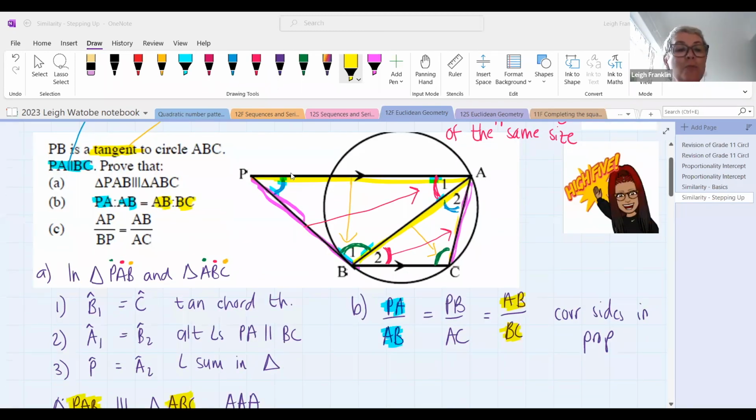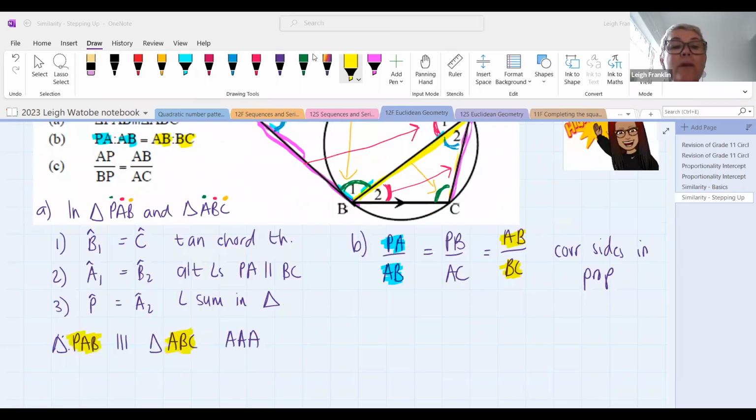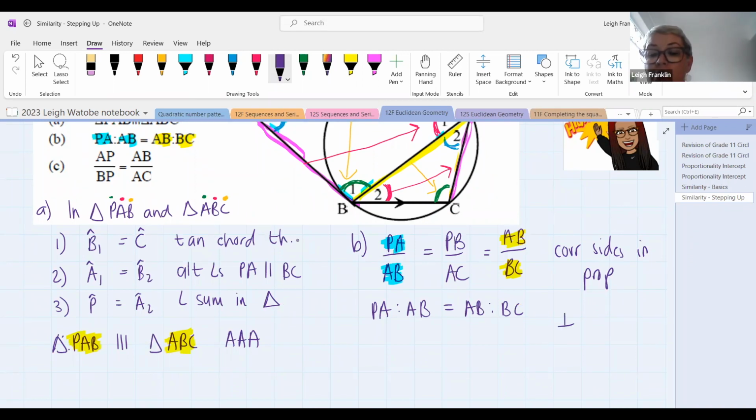Now that we've done that, now we can write. Therefore, PA is to AB is the same as AB is to BC. Remember our fractions. It really helps, I think, when we do it like this.